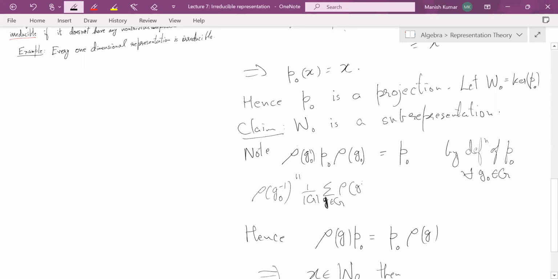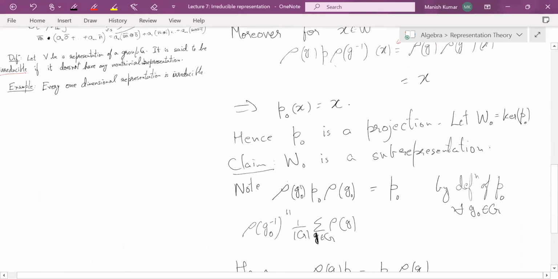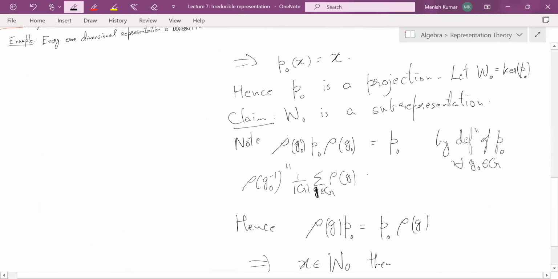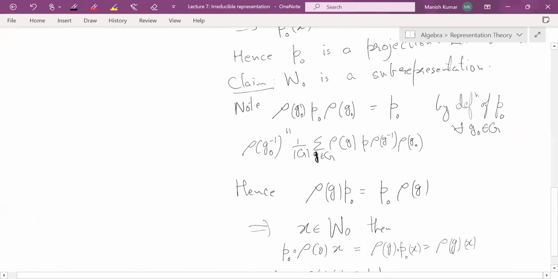Rho Z, what was the formula? It doesn't matter. P rho G inverse rho Z0. I conjugated this way, but it doesn't matter.